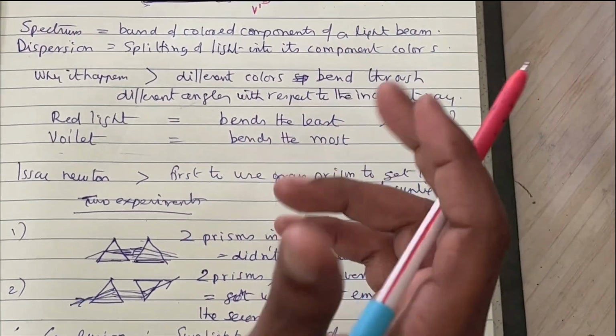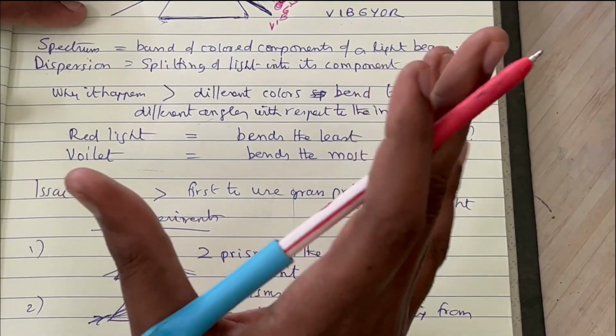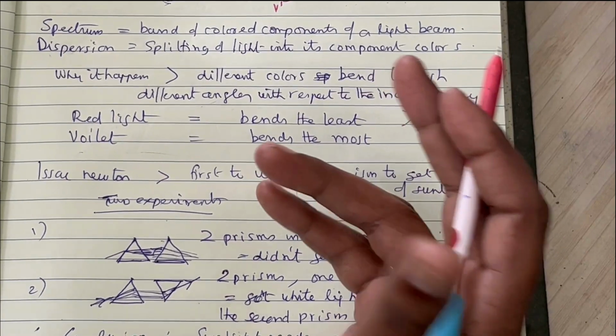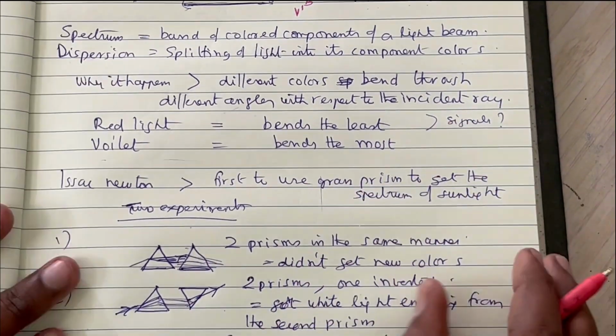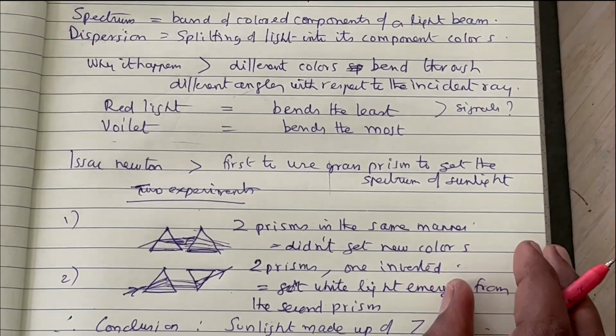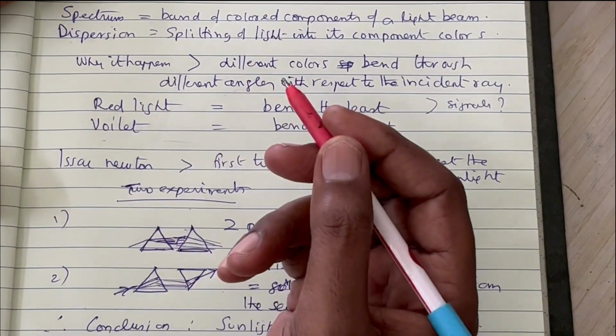It's a pointer towards one of the important properties of why we use the red light for signaling, which will be covered in other sections, but that's an important point here.